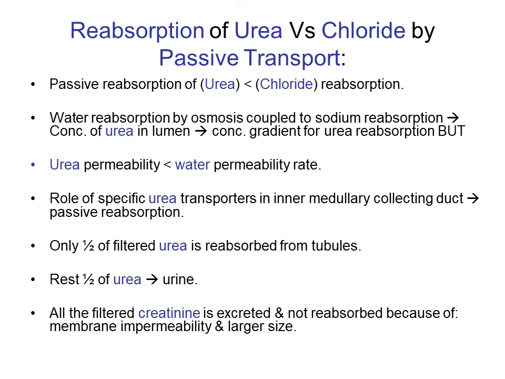However, urea permeability is far less than the water permeability, especially in some parts of the nephron, especially in the inner medullary collecting ducts. Passive urea reabsorption is facilitated by specific urea transporters. However, even then, only about half of the urea that is filtered by the glomerular capillaries is reabsorbed from the tubules. The remainder of the urea passes into the urine, allowing the kidneys to excrete the large amounts of waste product of metabolism.